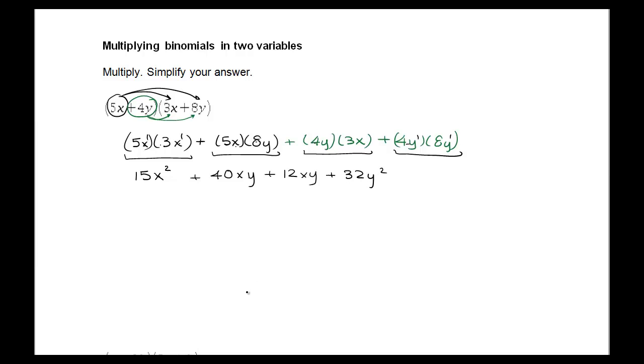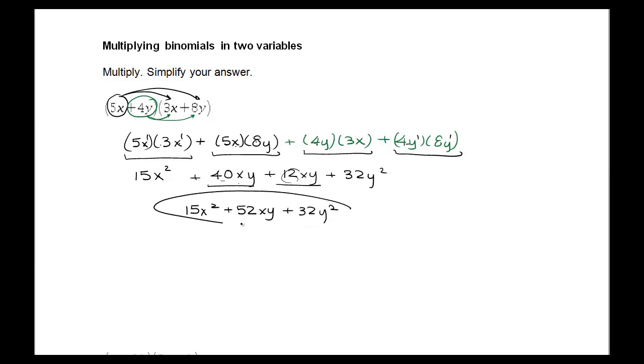Okay, I'm almost done. I see that I have two like terms, so I can combine those. I still have my 15x squared, but now I have a 40 plus a 12 gives me a 52. So I have 52xy and then plus 32y squared.